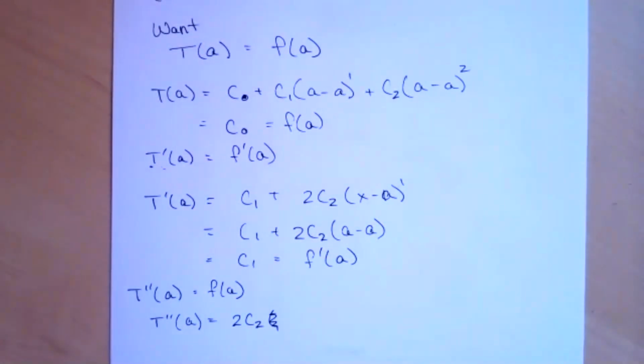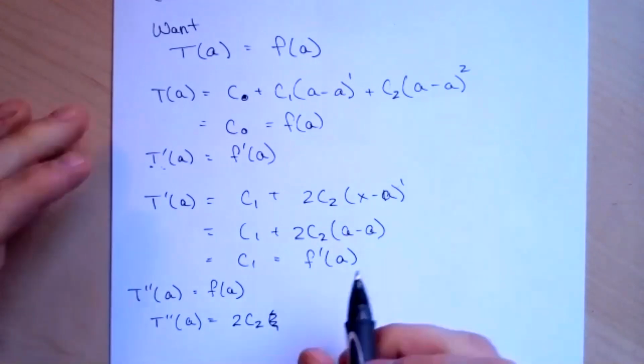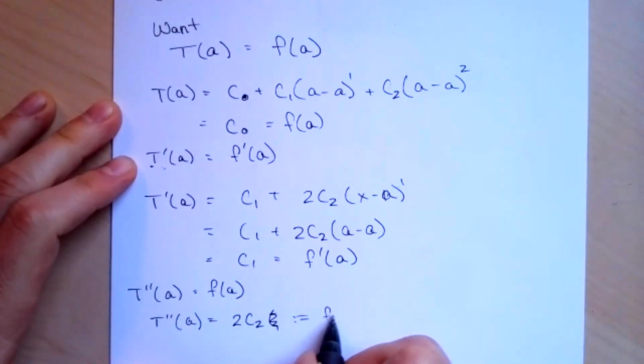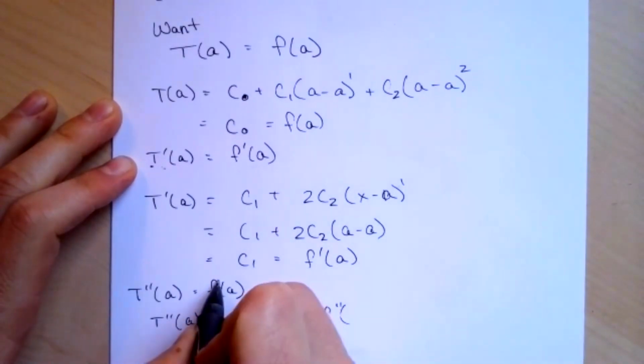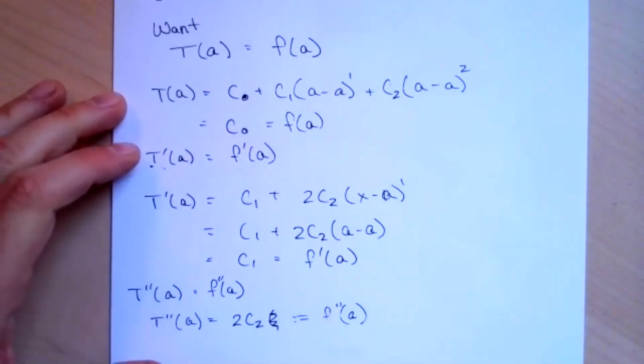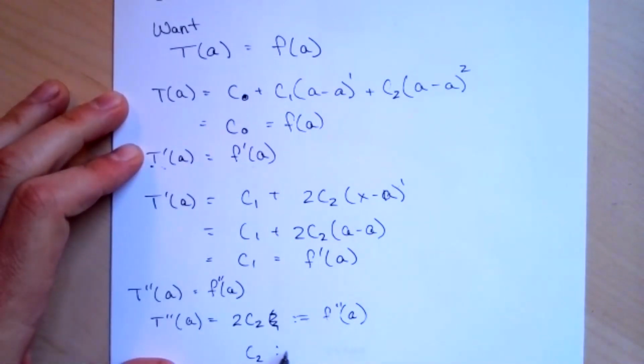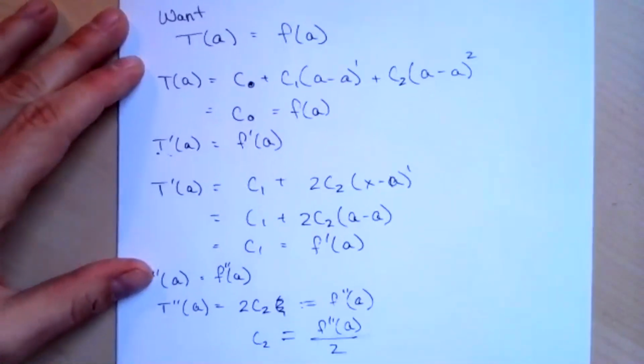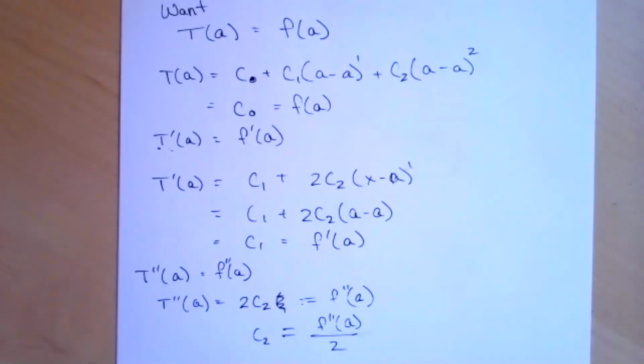So it'll just be 2c2. And then even evaluated at a, we're still going to get 2c2. And we need that to be equal to our second derivative. In other words, our c2 is going to be f double prime of a over 2. Everyone with me?